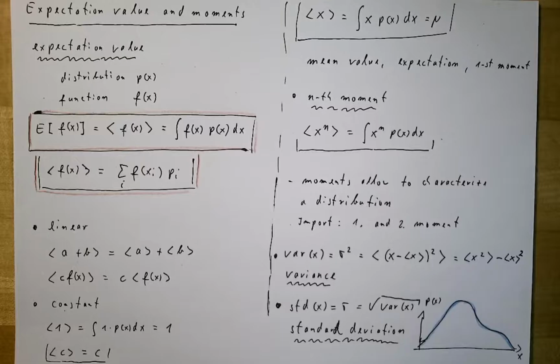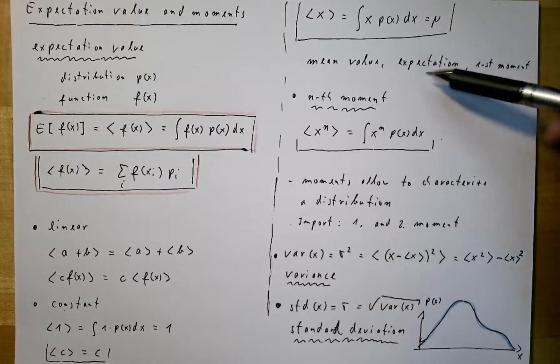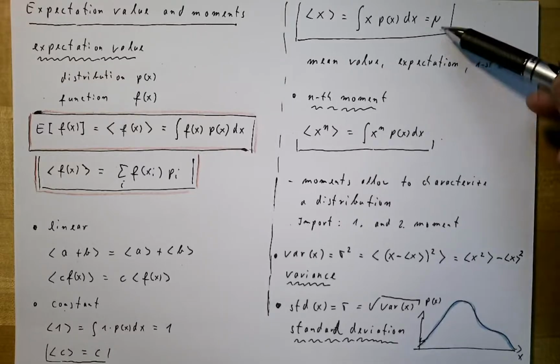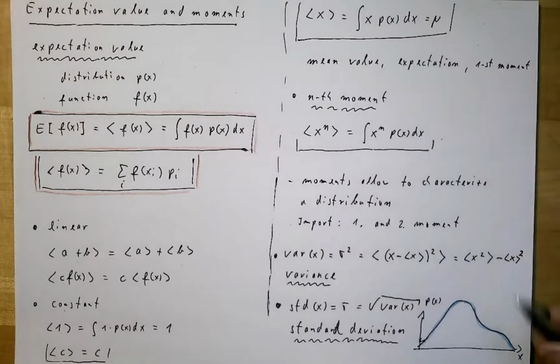So when I calculate the mean, the mean typically will be somewhere in the center of the distribution. So this will be here the mean value, where it gives you the typical average of your distribution.